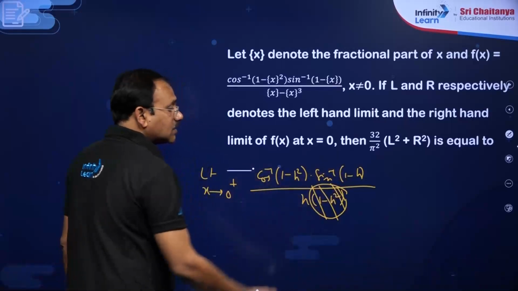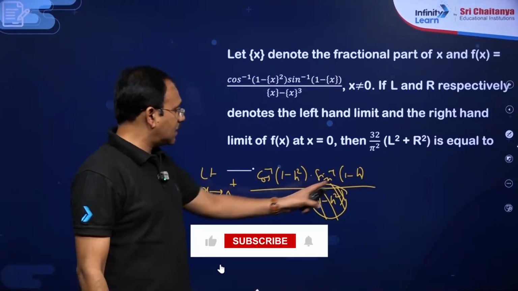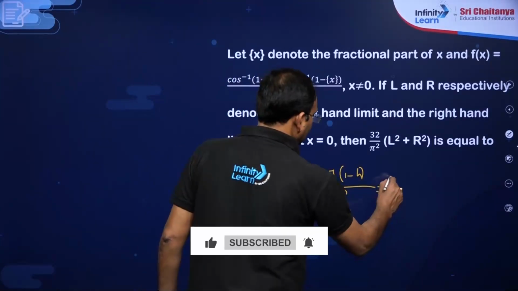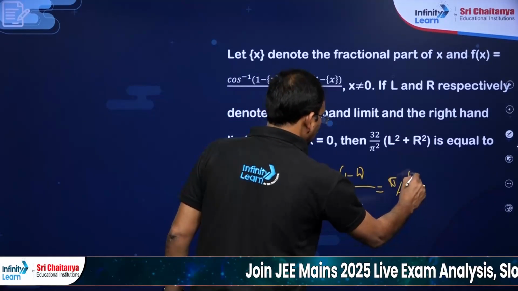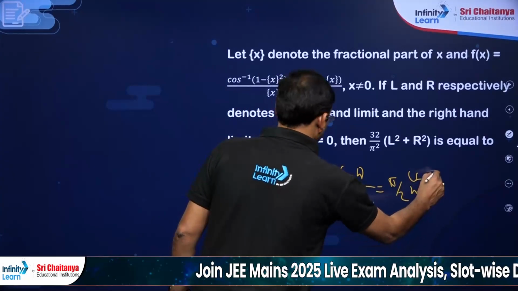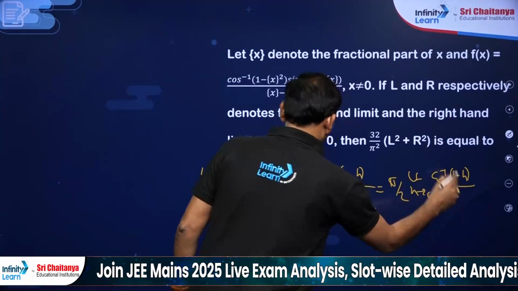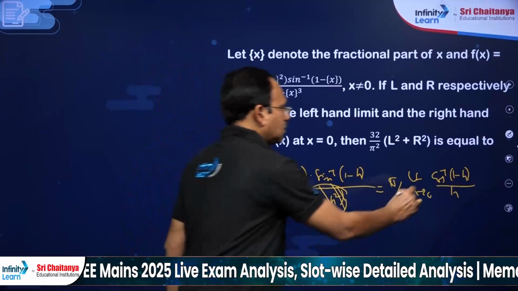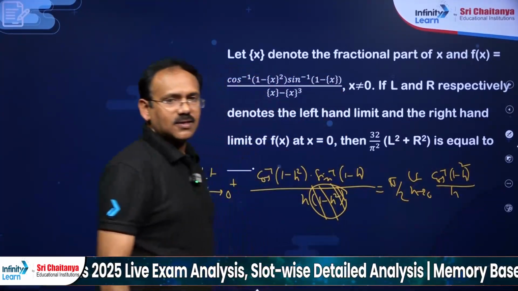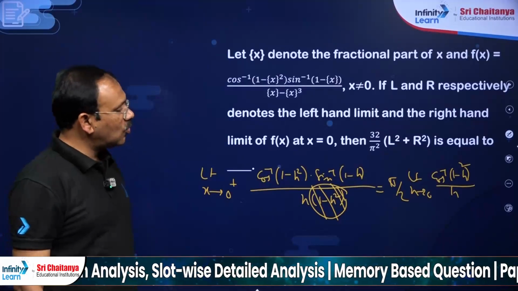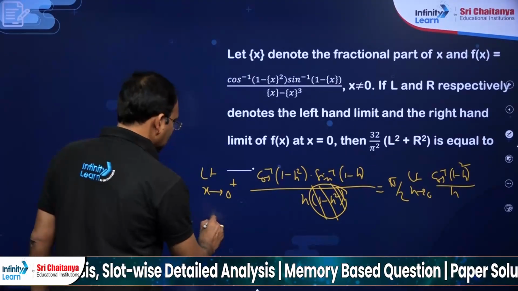This is h. And sin inverse (1 minus h), as h tends to 0, sin inverse 1 is pi by 2. So in the next step you can write pi by 2 into limit h tends to 0 of cos inverse (1 minus h square) by h into (1 minus h square). So as h tends to 0, cos inverse 1 is 0 by 0, so you can go with L'Hospital's rule.